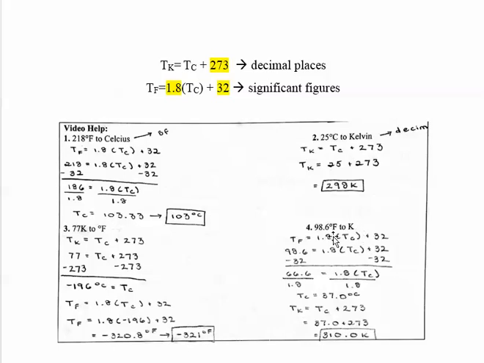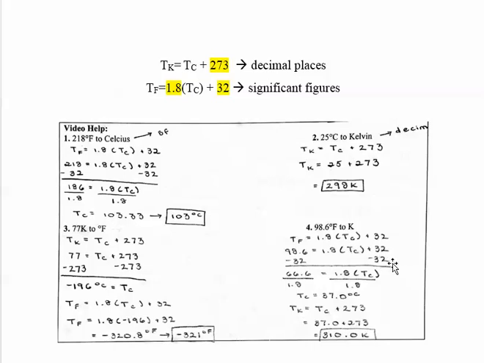For number 4, 98.6 degrees Fahrenheit, that's actually your body's normal temperature. For the most part, most people have about 98.6, and I'm trying to convert that into Kelvin. And so what I'm going to do first is, because I don't have a direct equation for going from Fahrenheit to Kelvin, I'm first going to go to Celsius. And so I plug in the 98.6 to my temperature in Fahrenheit, equals 1.8 times my temperature in Celsius plus 32.